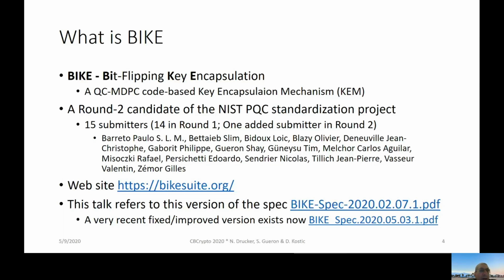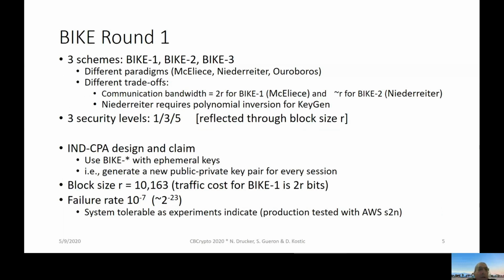So let me just say a few words about what BIKE round 1 was. There were 3 schemes, BIKE 1, BIKE 2, and BIKE 3, based on different paradigms: McEliece, Niederreiter, and Ouroboros. And they present different trade-offs. For example, the communication bandwidth is 2R for BIKE 1, where R is the block size, which is based on McEliece.